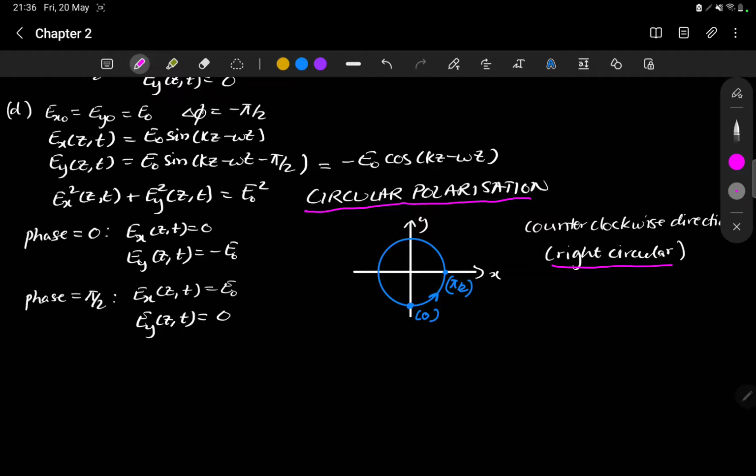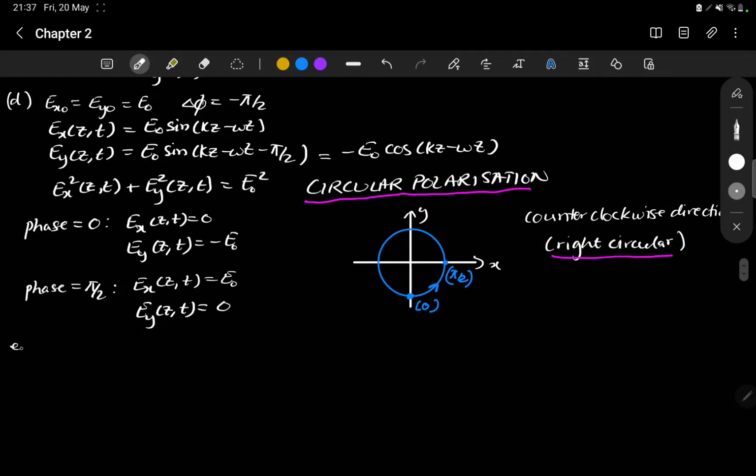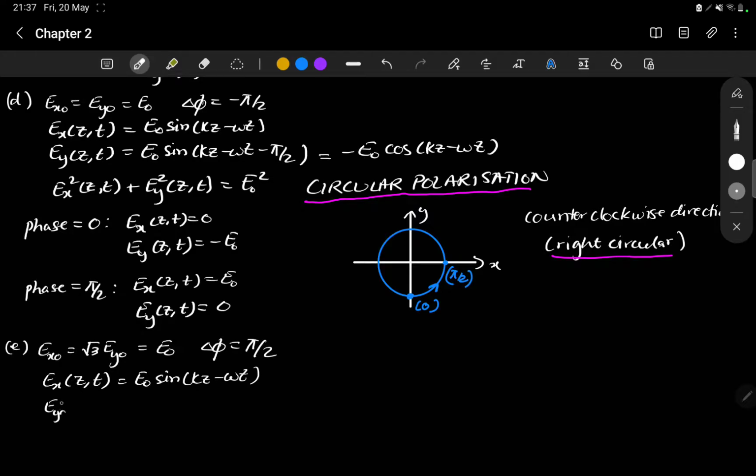So let us look at the next part. So Ey naught is E naught by root 3.